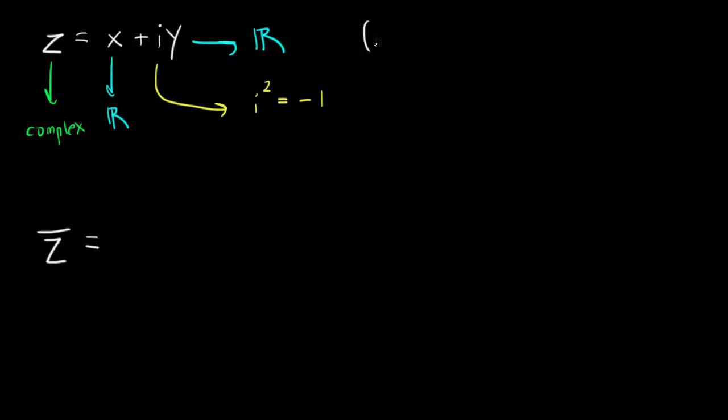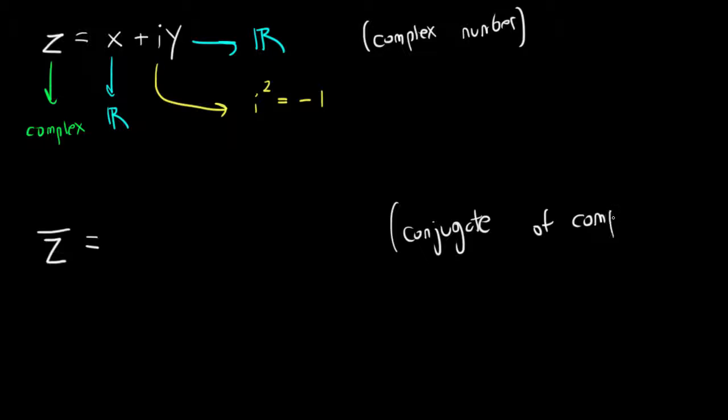So go ahead and write that, complex, and down here, I'll write conjugate of complex number. What we're going to write here instead, the conjugate is still going to have that x term, but now you're going to have minus iy. You are essentially going to be switching the sign of y.